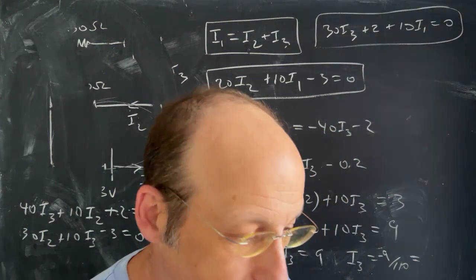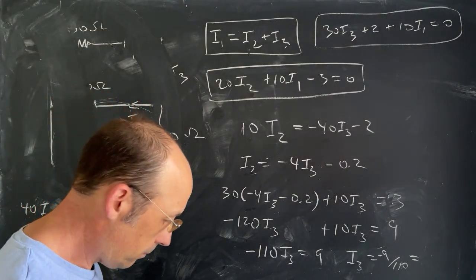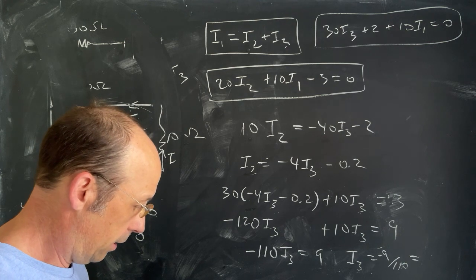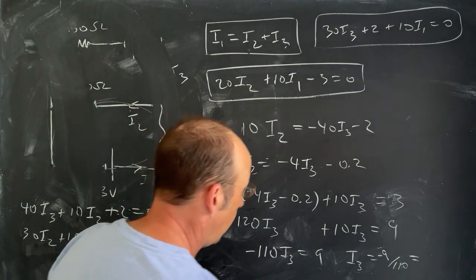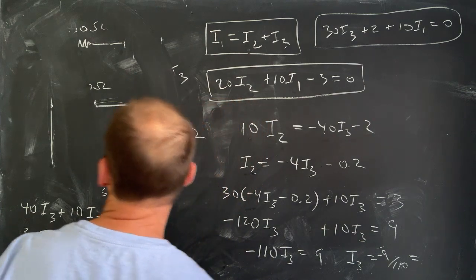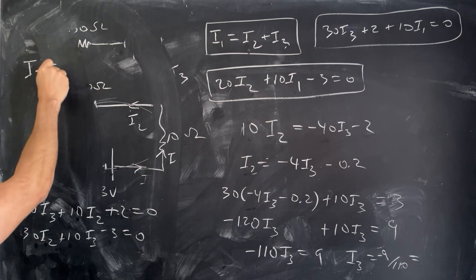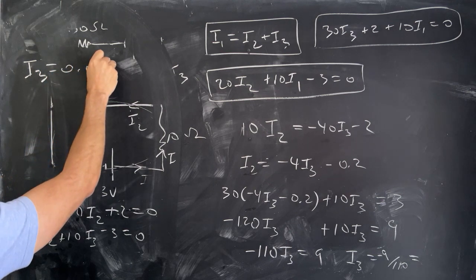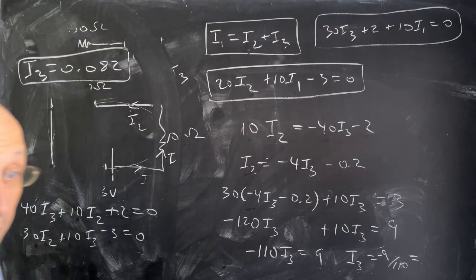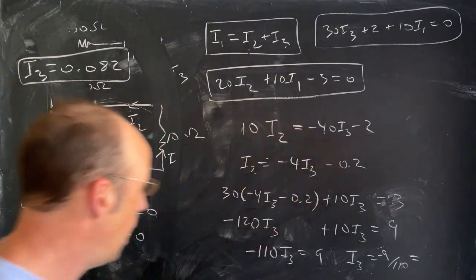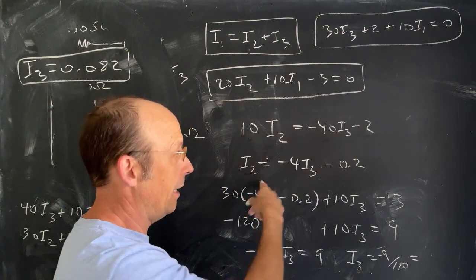Now I'm going to use the calculator. Okay, 9 divided by 110. And I get I3, I'm going to put it up here. I3 is negative 0.082. Now that I know I3, I can put it into this equation, and I get I2.